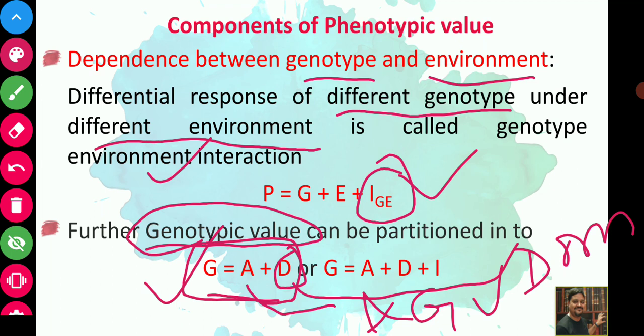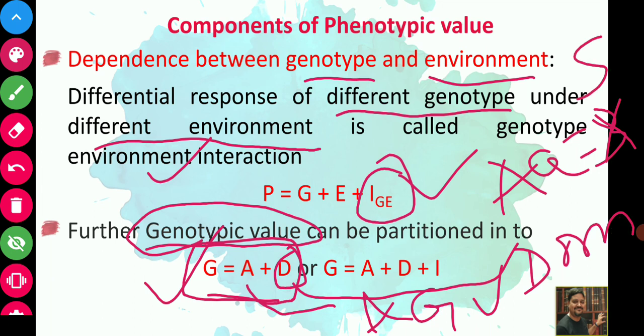So the capital A capital A genotype will express 4 units, 2 plus 2, whereas capital A small a should express 3 units, but it will not express 3 units, it will express 5 units.